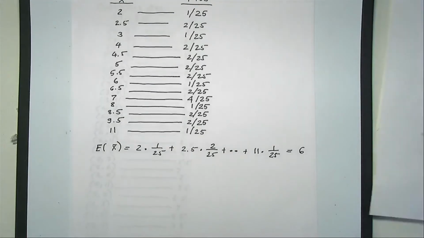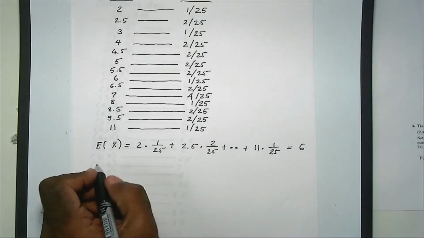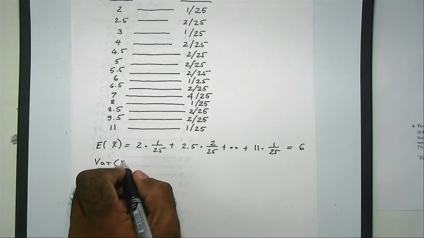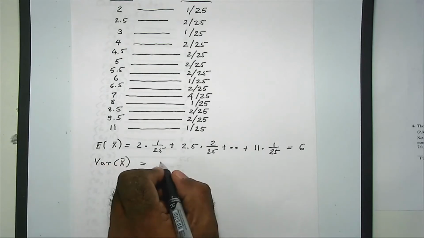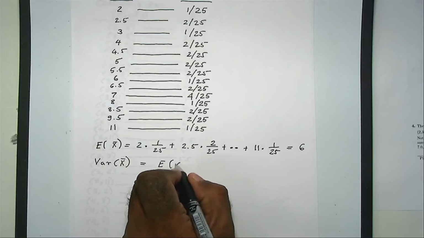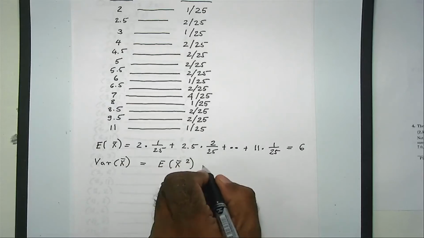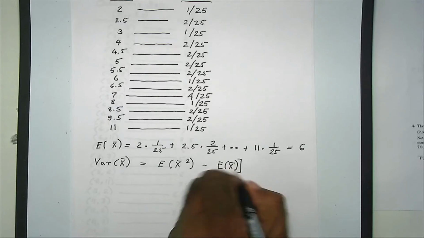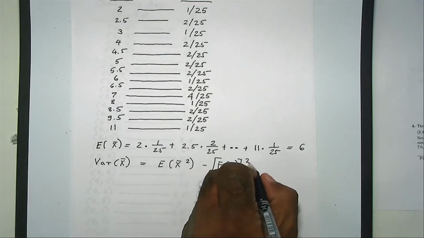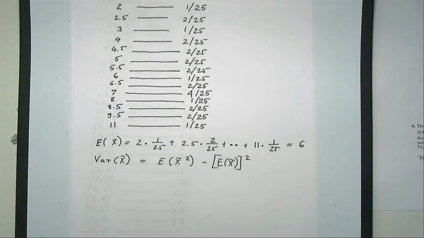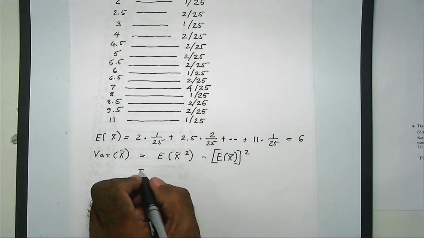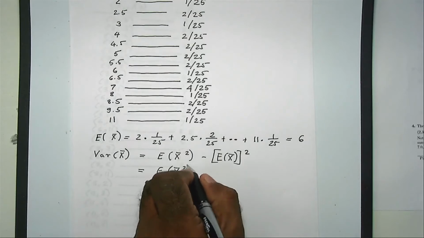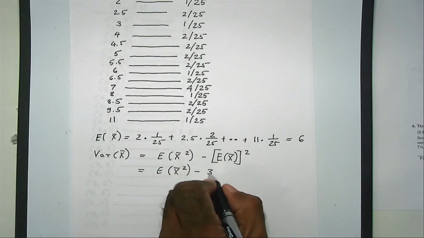Now, in order to find the variance, you use the familiar formula, this is the formula. I'm sure all of you know this. So this will be the expectation of X bar squared minus the square of the mean; this is 6, so this will be 36.